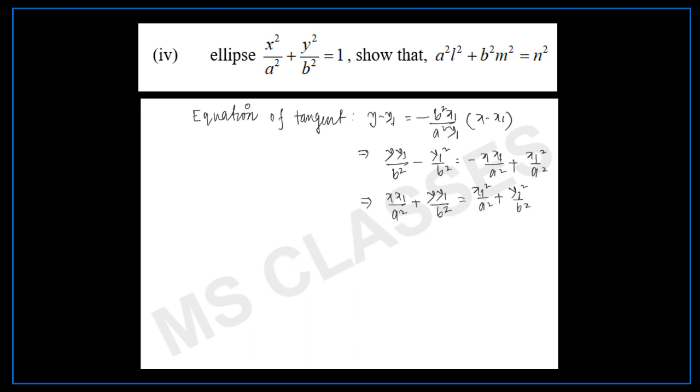Since (x1, y1) is the point of contact, it must satisfy the equation of the ellipse, and we should get this equal to 1. After this we can write x x1 by a square plus y y1 by b square equal to 1, as P(x1, y1) is the point of contact.